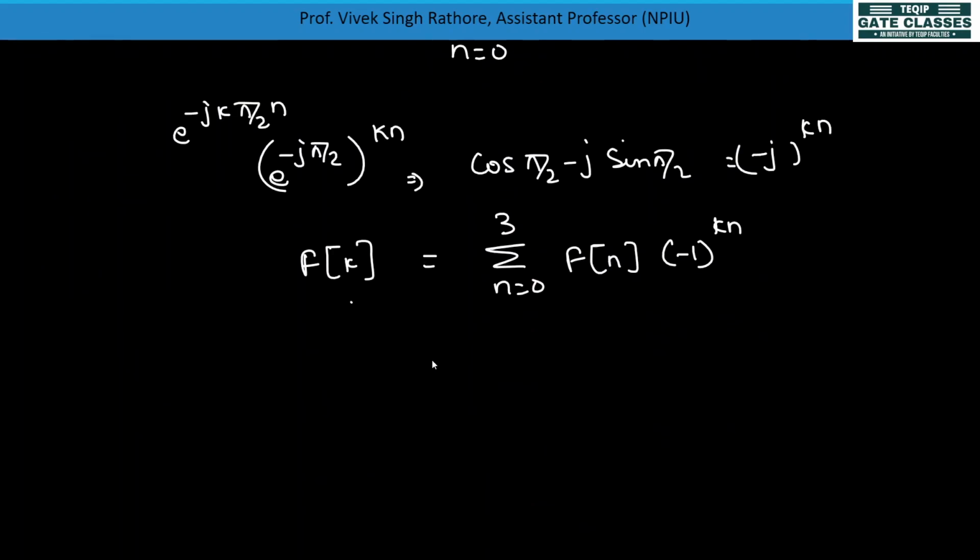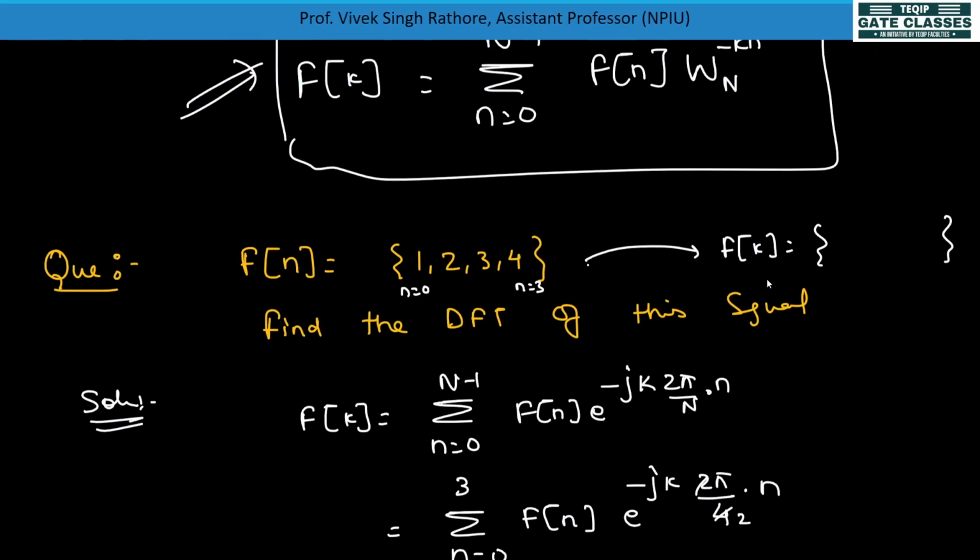Now we will change the value of k and see. For k equal to 0, I am speaking about the first value; for k equal to 1, the second value; k equal to 2, and k equal to 3, like this I am going on.